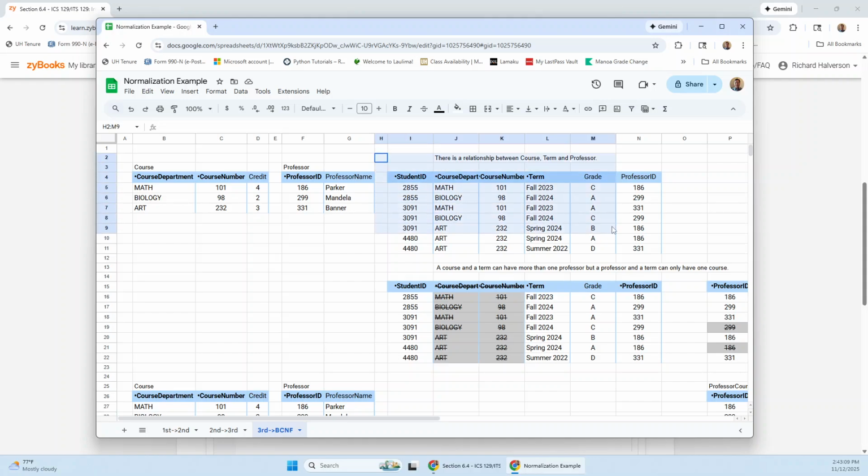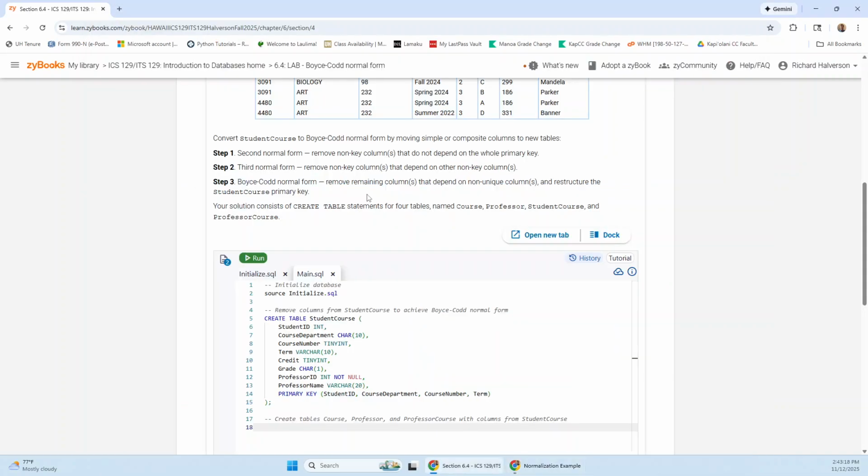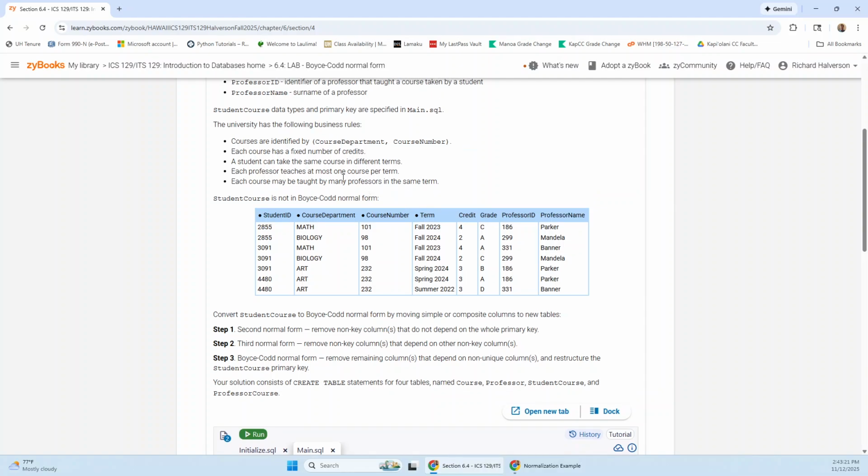It turns out that if we look over here, each professor teaches at most one course per term. It's not like at KCC where you might have a professor teaching more than one course in a particular term. These are professors that will only teach one course in a term.